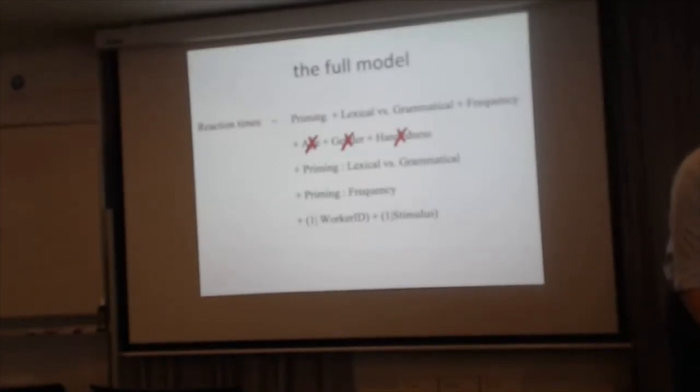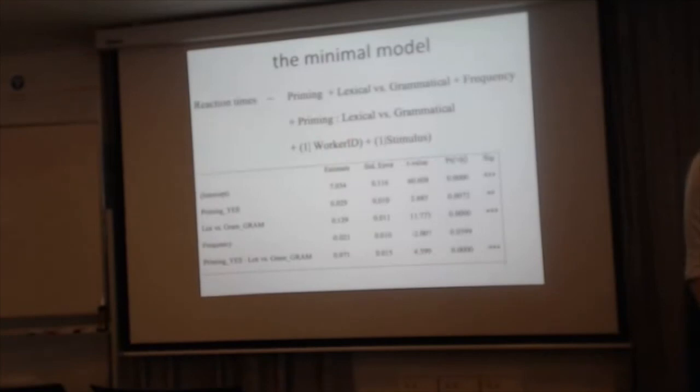None of the control variables had any significant effect, so we could get rid of them. That's good news in principle. There was also no interaction between priming and frequency, so we could exclude that as well. And so the minimal model is what you see here. And I'm just going to walk you through the effects that we found very briefly.